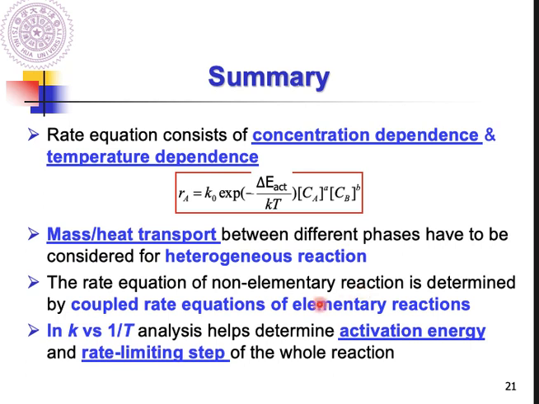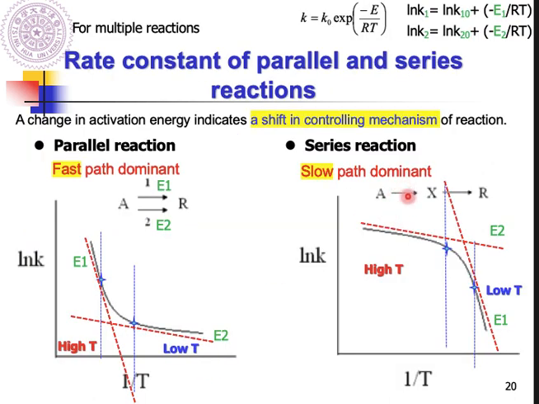Usually in our cases, you can make an assumption that they are a two-step process. And when you plot log K versus 1 over T, this type of analysis method will help you to determine the activation energy and also show you which mechanism is the rate limiting step. For example, the slowest one is the rate limiting step. Okay?